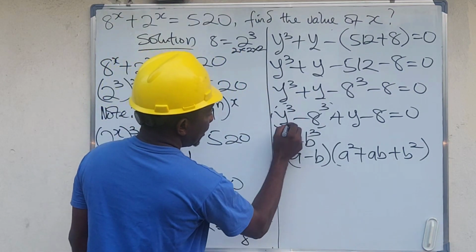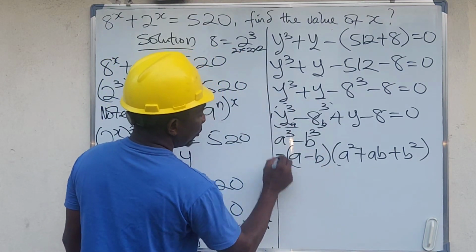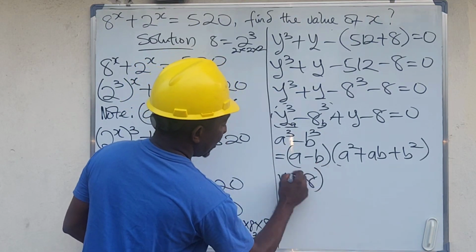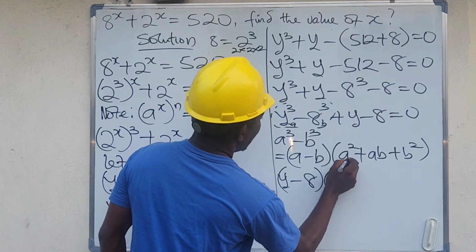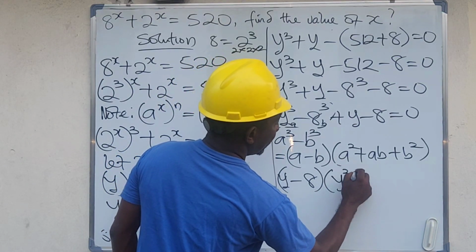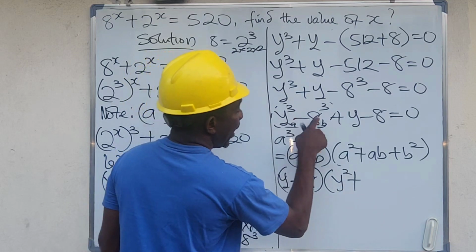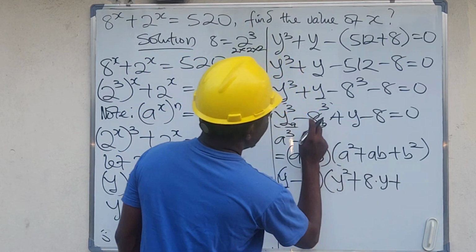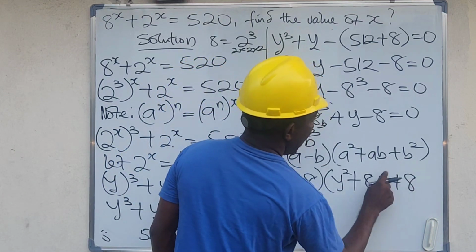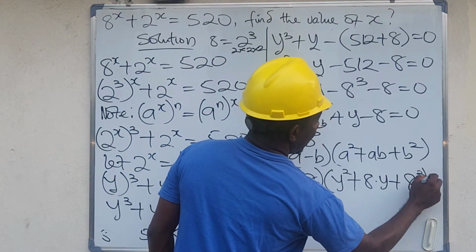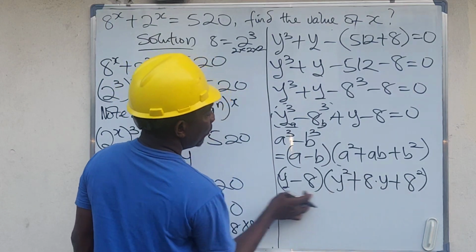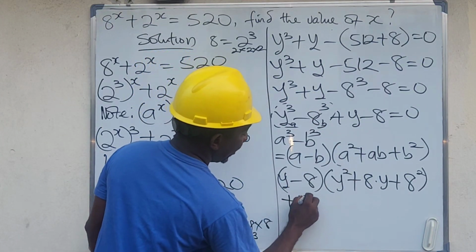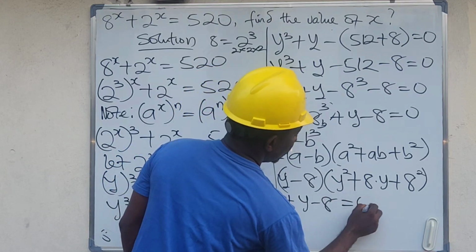Here, this is our a and this is our b. So that will become y minus 8, then into y squared plus ab, which is 8 times y, plus b, which is 8 raised to the power of 2. We are now left with plus y minus 8 equals 0.